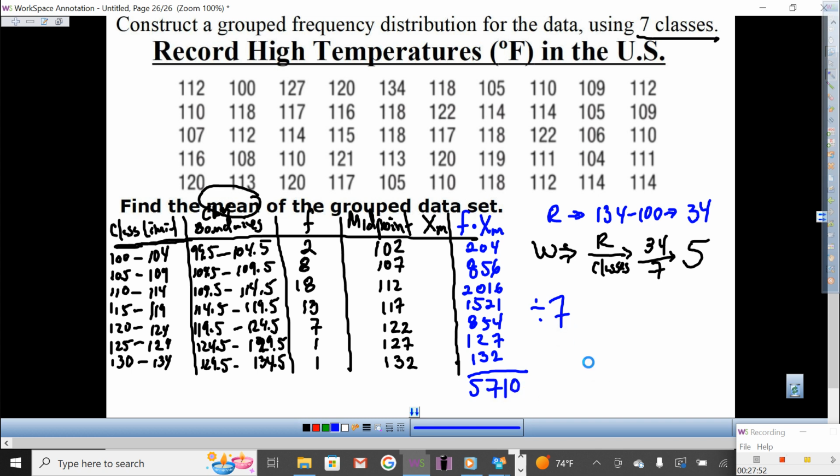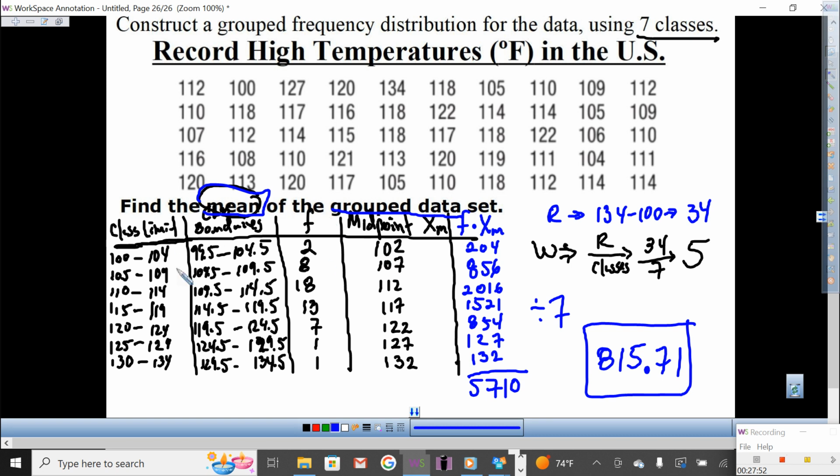Divide that by 7. What is it? 815.71. And that's how we find the mean of the grouped data.